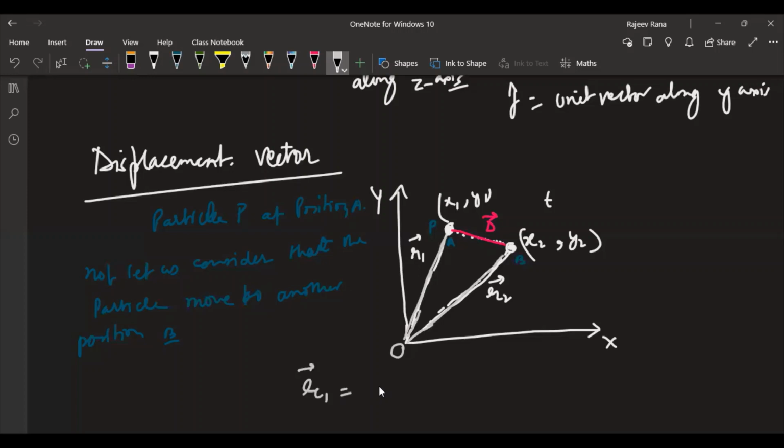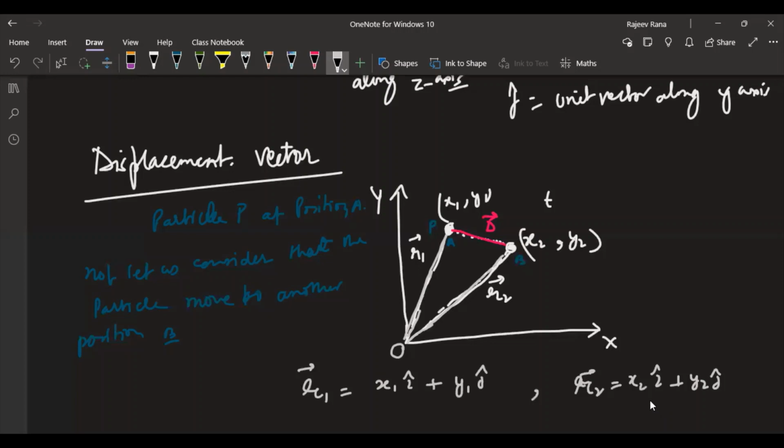How can we express R1 mathematically? x1 i cap plus y1 j cap. Very good. And how do we express R2? R2 is x2 i cap plus y2 j cap.